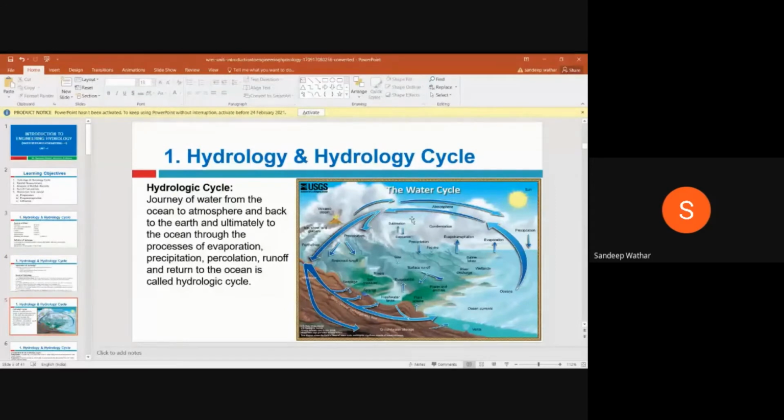Right. So the hydrological cycle I have explained in the previous semester also, but I'll briefly explain it. It is also called the water cycle, because water originates, propagates and travels on the earth in different forms. As you can see in this picture, it is very clear.